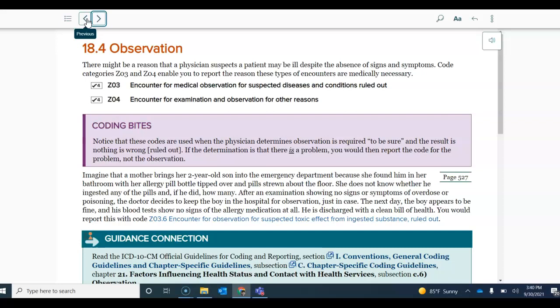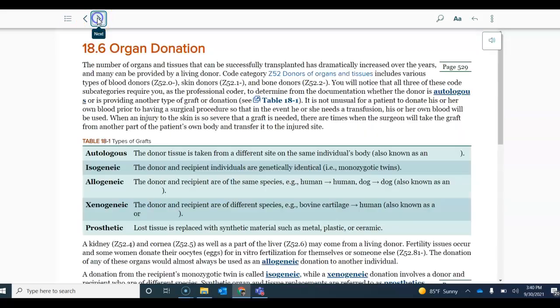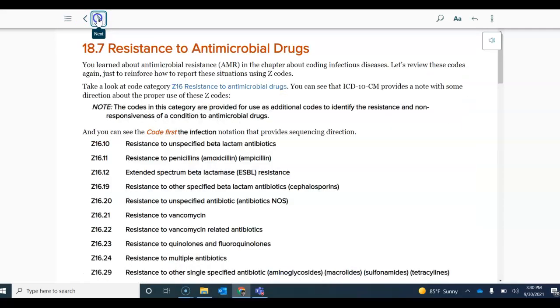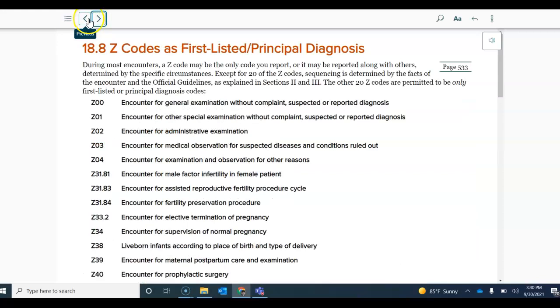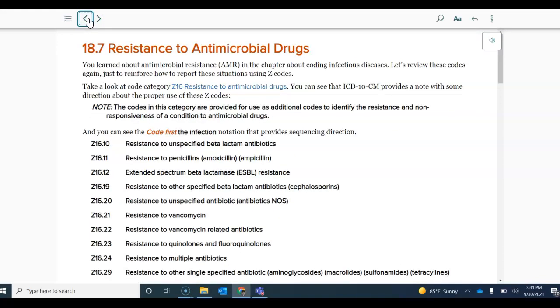Another important thing in Z codes is history. This is where your personal history and the family history is going to be, because it's really important to code personal and family history because that could affect the way the physician treats the patient.